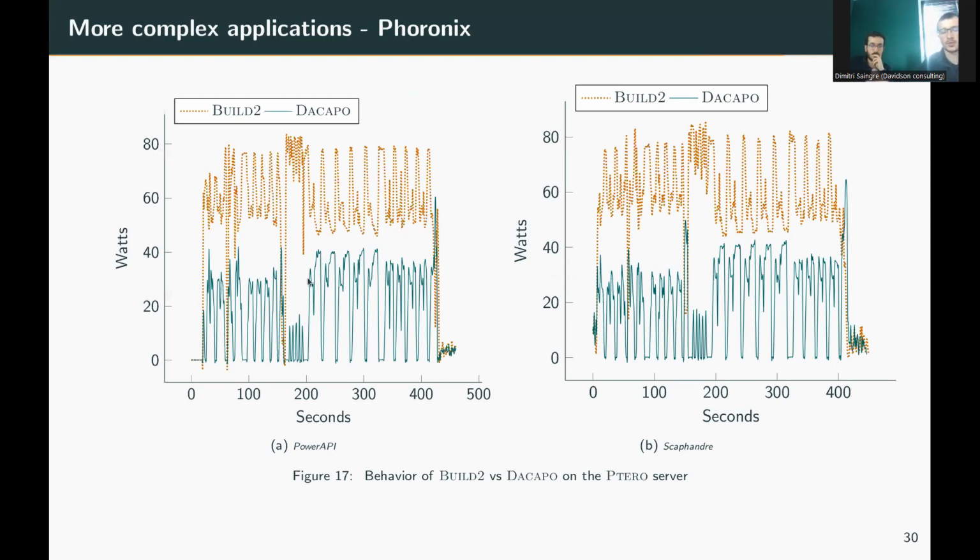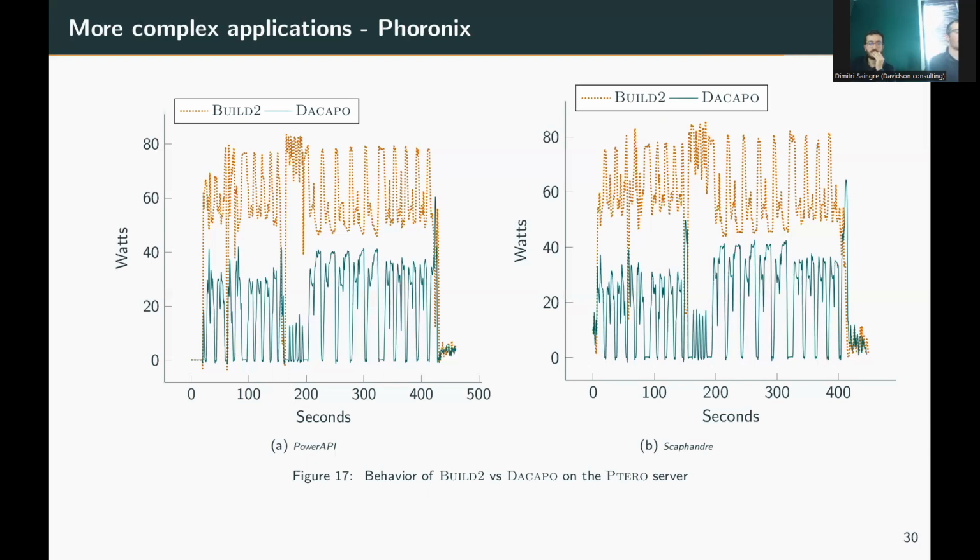So if we want to optimize the program build 2 from a, I don't know, developer perspective, we see some surge in consumption. So we tend to want to know why they are here.